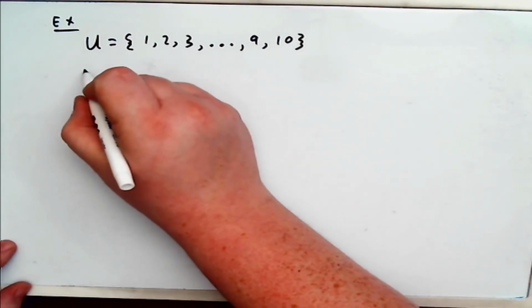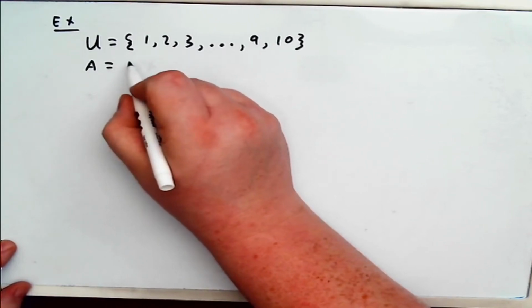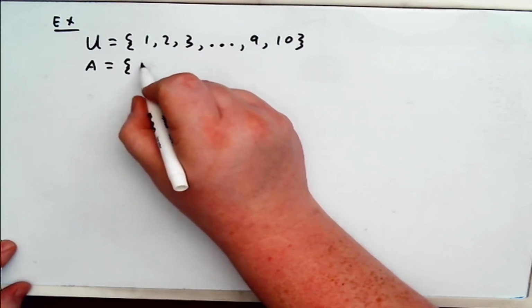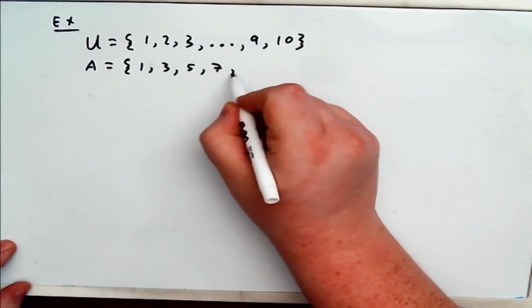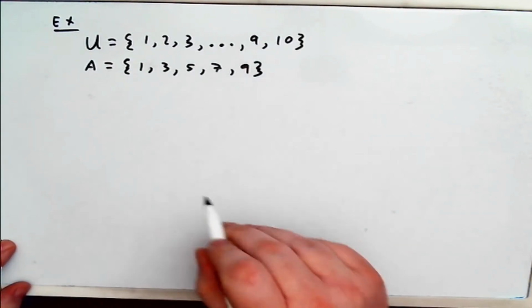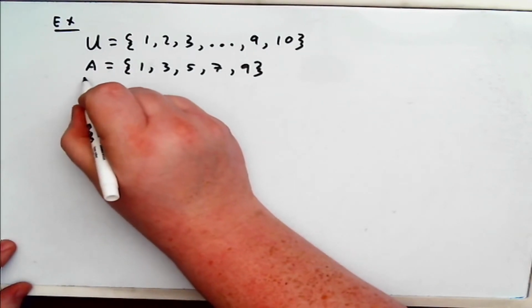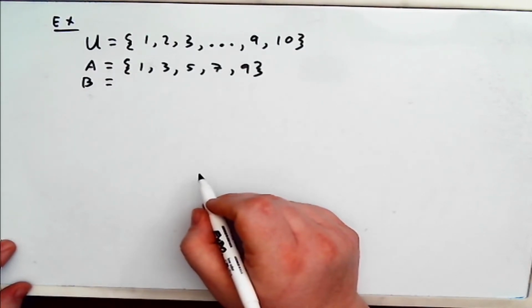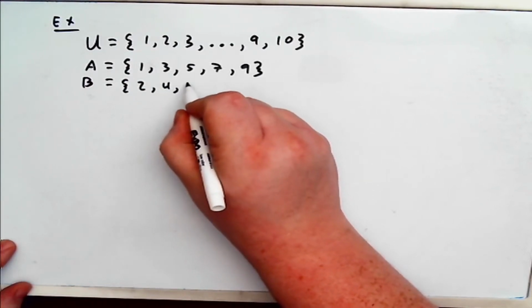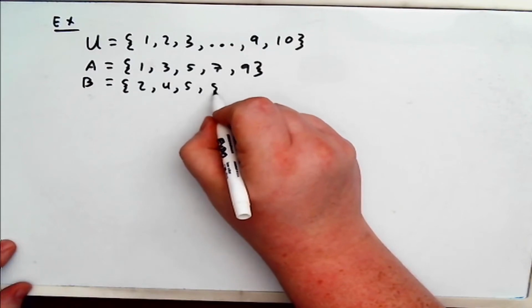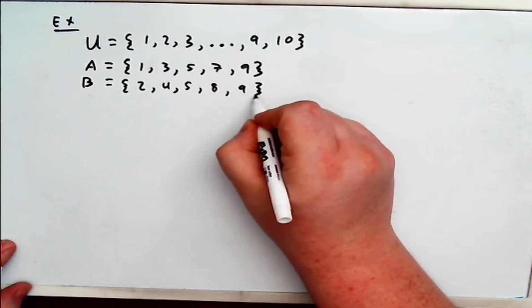We're going to define the set A as being the set 1, 3, 5, 7, 9. We're going to define a set B, which is the set 2, 4, 5, 8, 9.